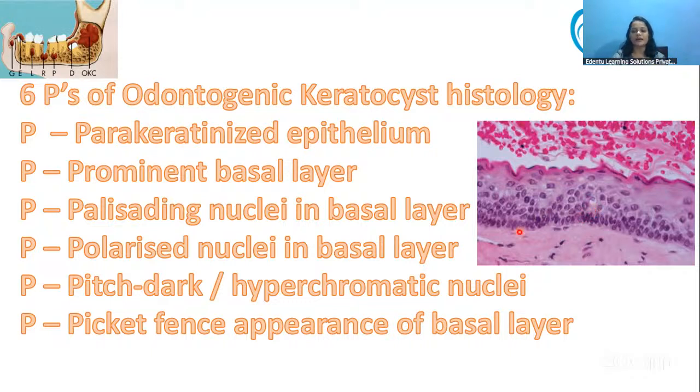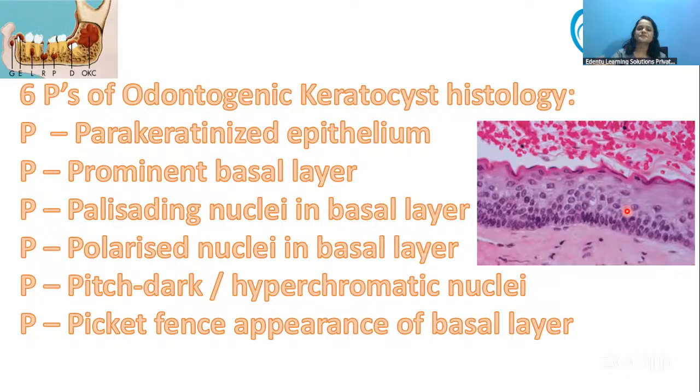The basal layer will be prominent. When you look at the microscope, you can really see the basal layer, because that will be the very prominent layer that you can see in OKC. So prominent basal layer, then it will have palisading nuclei. What do you mean by palisading nuclei in the basal layer?